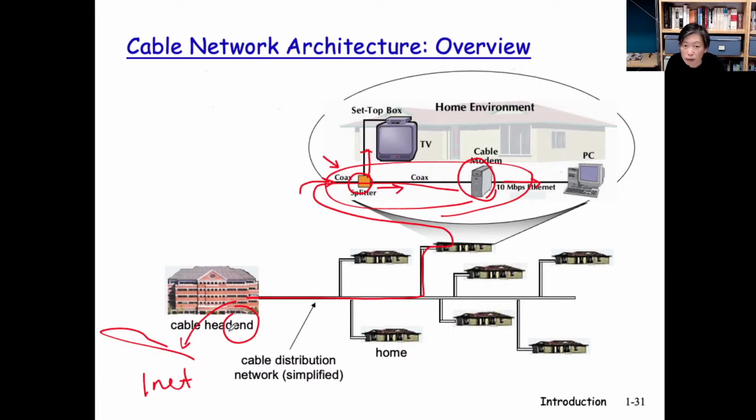Now, be careful here. There's only one cable here. If there are messages coming from this other household or this other household, they will all get merged onto this cable. Now these messages coming from the households will share the same channel and compete for the bandwidth there, unfortunately.